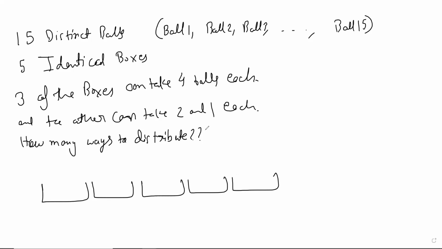Yeah, so in some sense that logic is correct, right? Because if there is a box that takes 4 items, and if there's another box that takes 2 items, even though the boxes are identical, now they are kind of different.